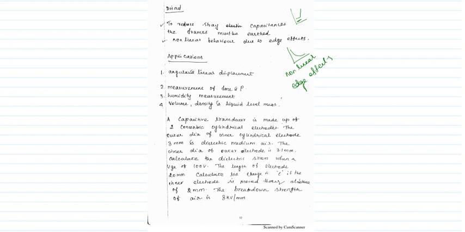Then, what are the applications of the capacitive transducer? Application number one, it is used for measuring angular and linear displacement, then measurement of force as well as pressure, then cumulative measurement, then volume, density, as well as liquid level measurement.